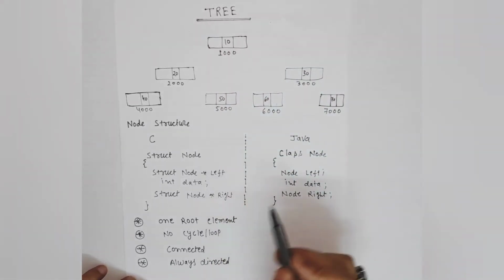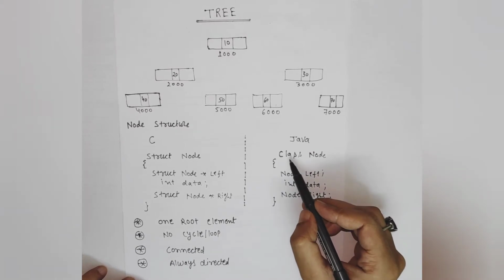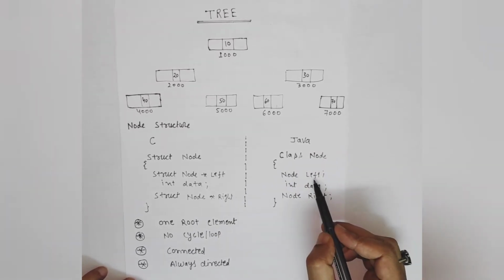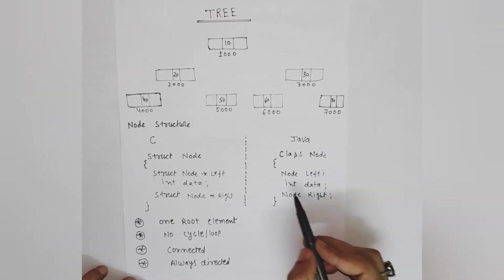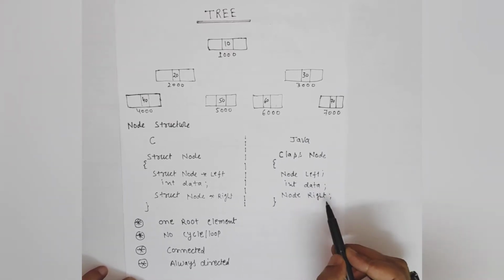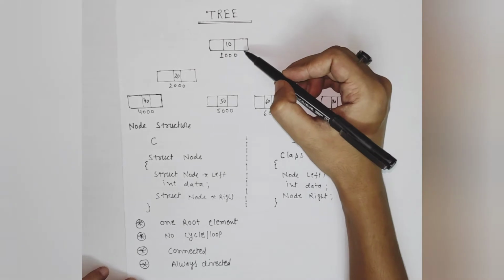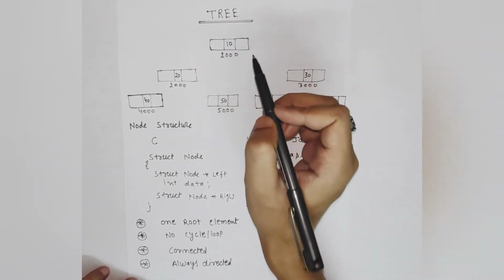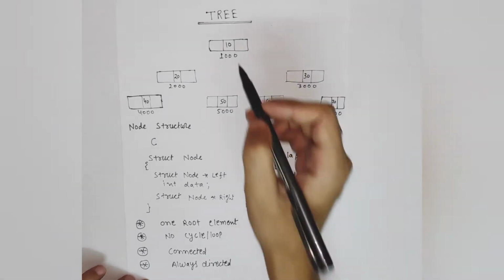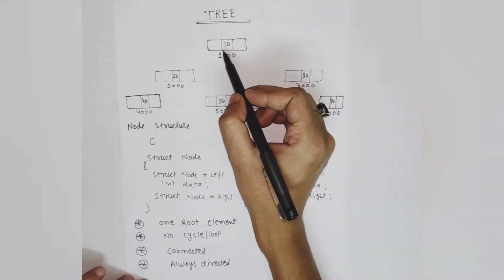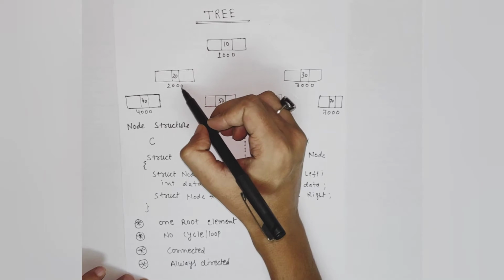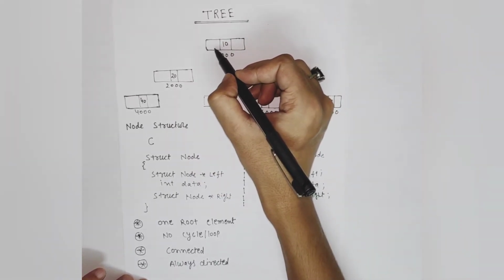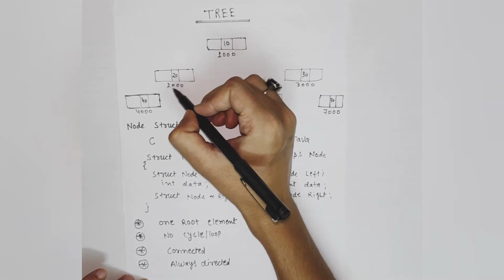Now let's see in Java. In Java we can define a class with the name node. After that we have taken one pointer left, one data part and a right pointer. So it will look like this only. Here I have not filled any values right now. Now suppose I put the address of this new node in the left pointer, then this left part will point to this node.